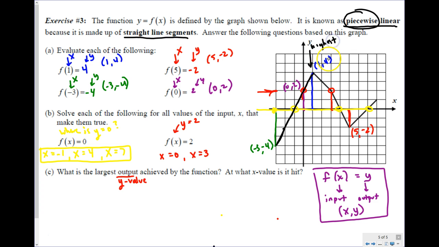And what's the value of that? It's at 4. So the largest output is at y equals 4. And we can even write the coordinate, which is 1, 4, and we can call this a maximum. And I answered this question: at what x value does it hit? The x value is 1.